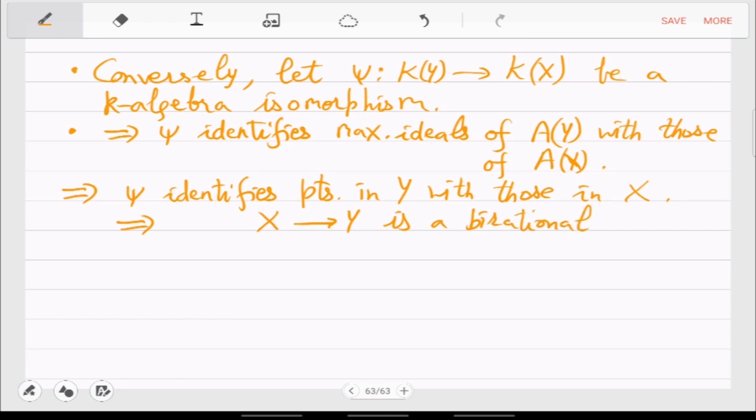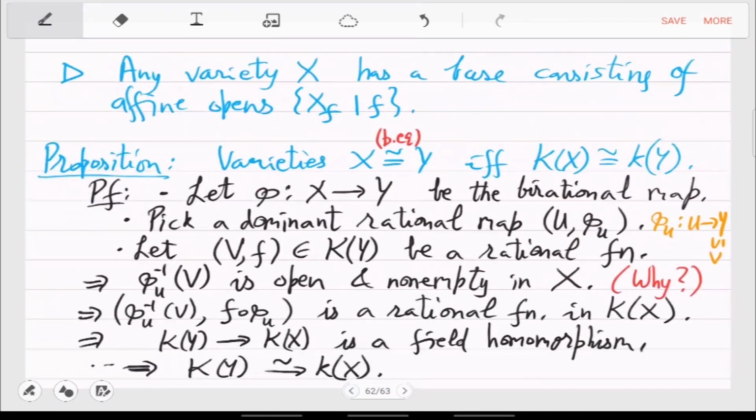So birational equivalence. Is that clear? So we have defined a lot of things today, but the proof ideas are all the same as we have seen before. None of these proofs are hard.